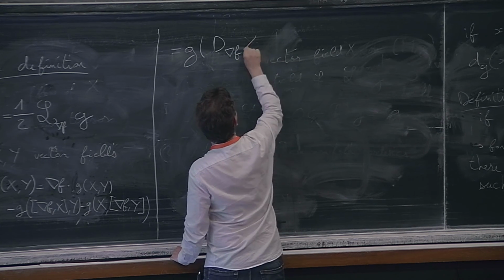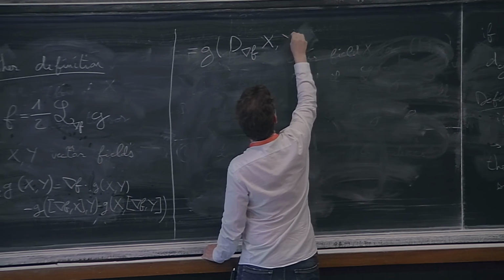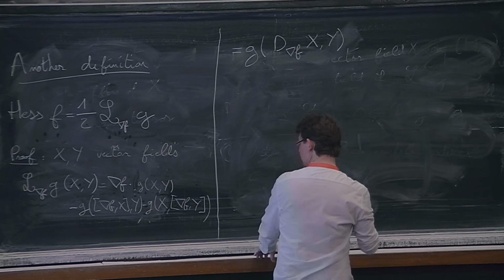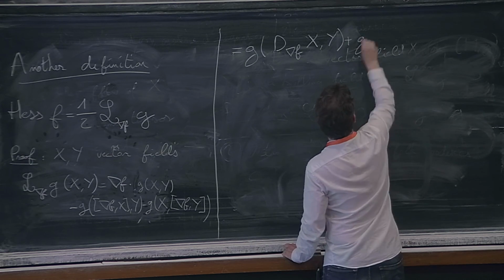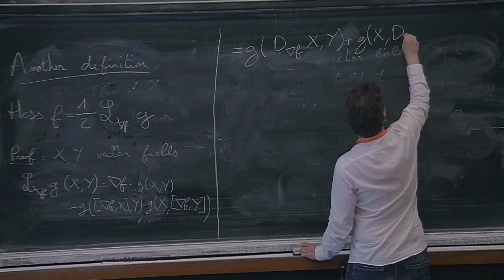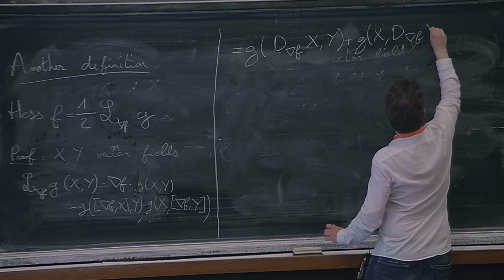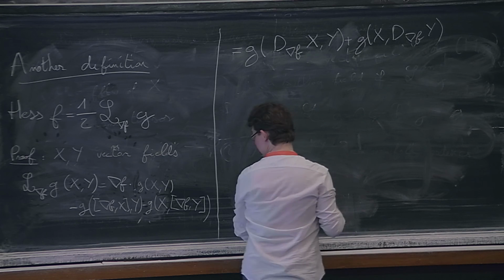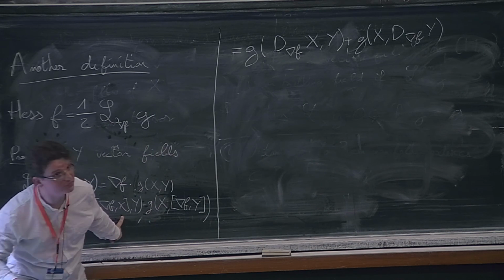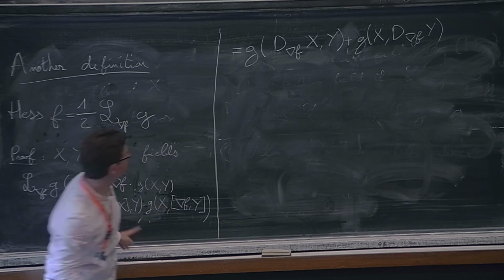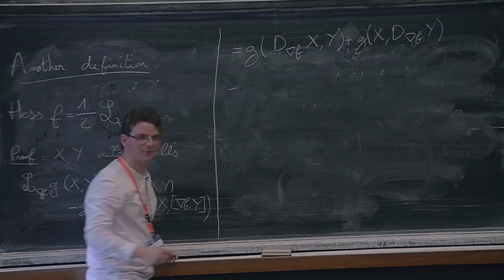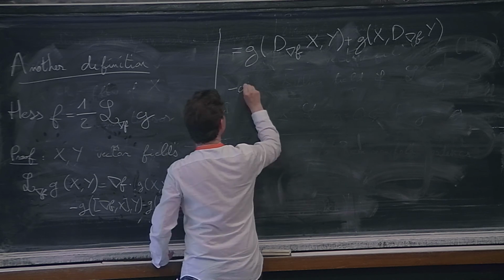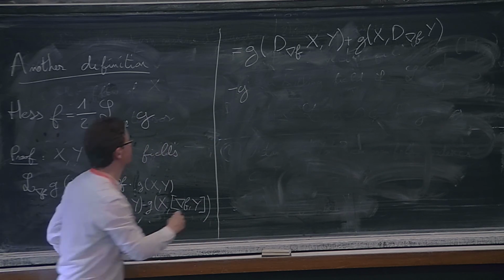When I differentiate that, I can take the covariant derivative of both of these vector fields. Plus g of X, D_{∇f} Y. And here there's a link between the Lie bracket and the connection. Some of you are nodding. I guess that's a computation we've all made, and it works well.